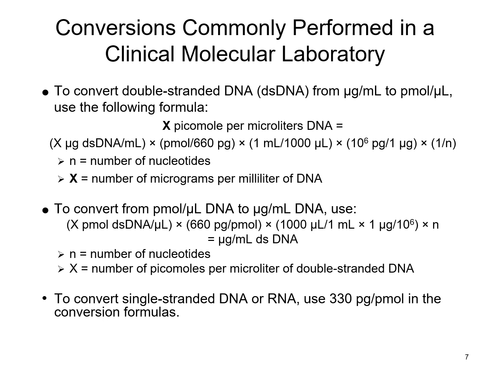That conversion again uses that standard molecular weight. If we were going to do these conversions with single-stranded DNA or RNA, then we would use 330 picograms per picomole for that particular molecular weight.